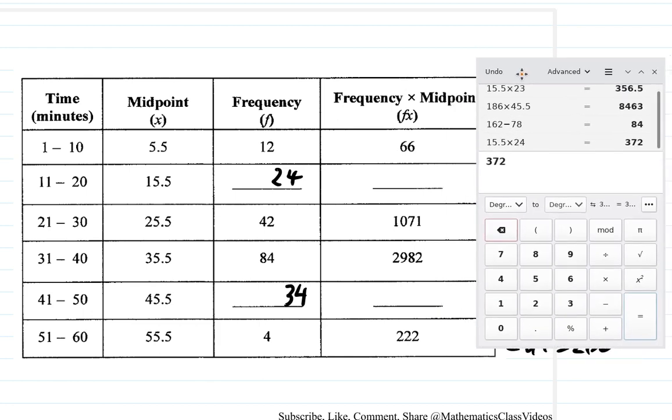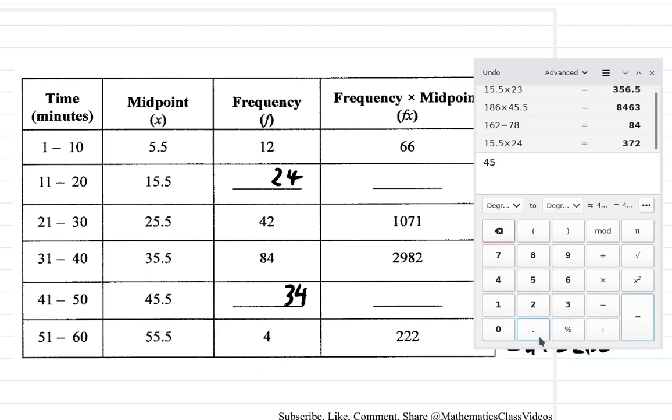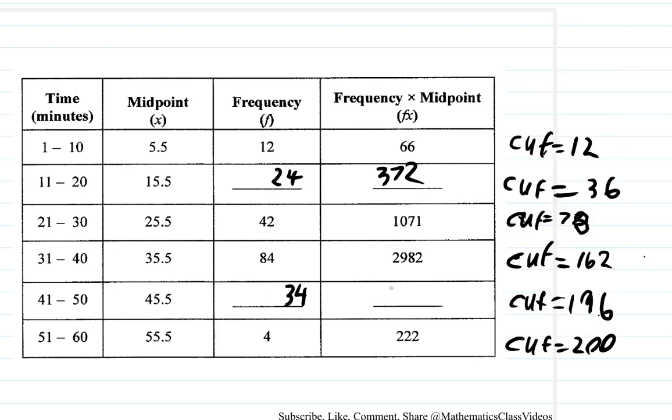We have 372, and the other one is 45.5 by 34, which equals 1547. Alright?